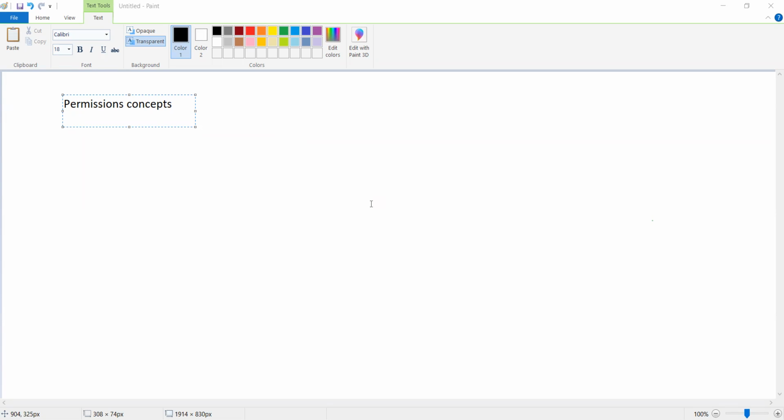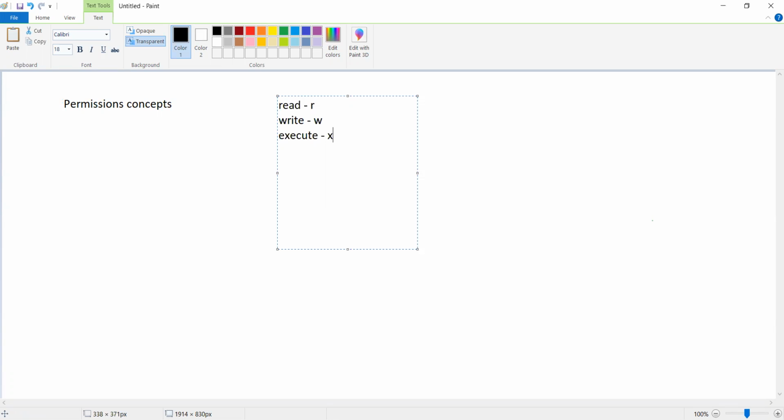So in Linux, we have three categories of permissions associated. The one is the read permission, which stands with the letter R. We have a permission called write, which stands with W. We have a permission called execute, right?